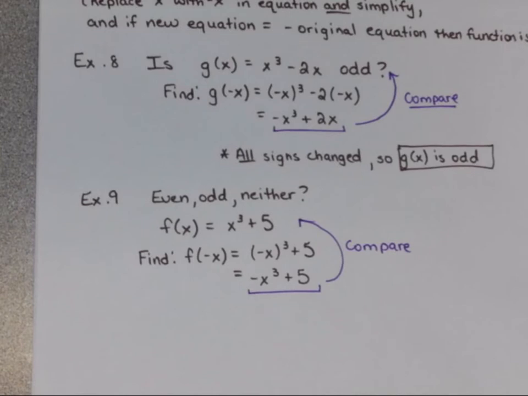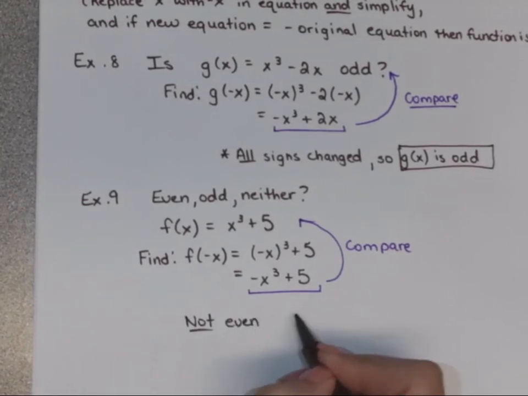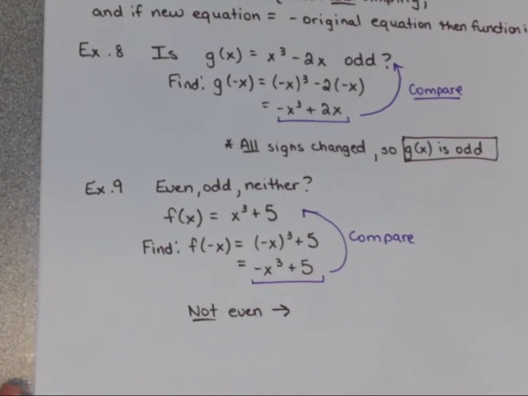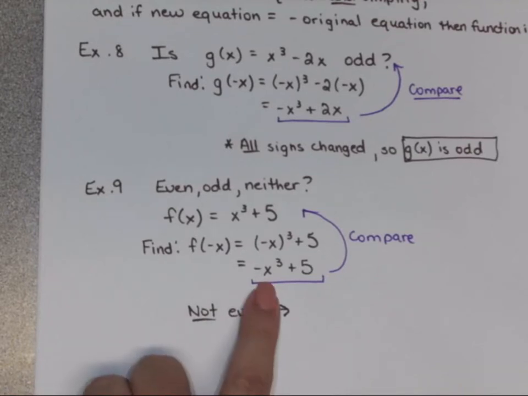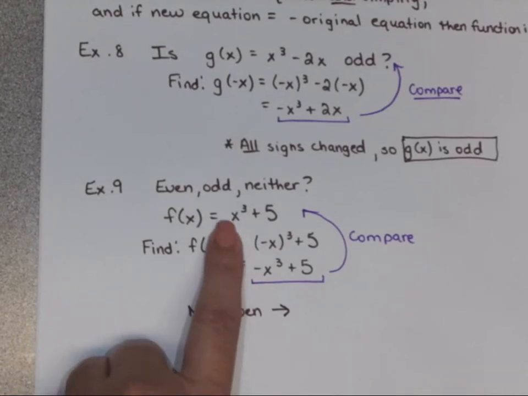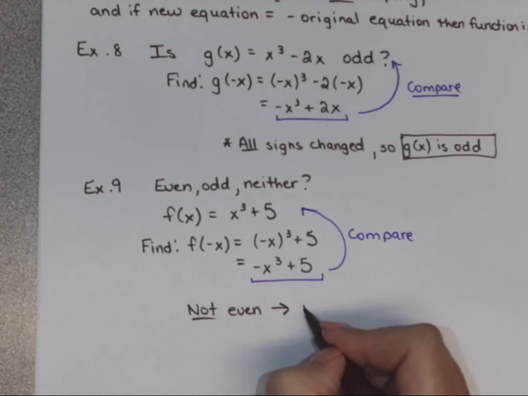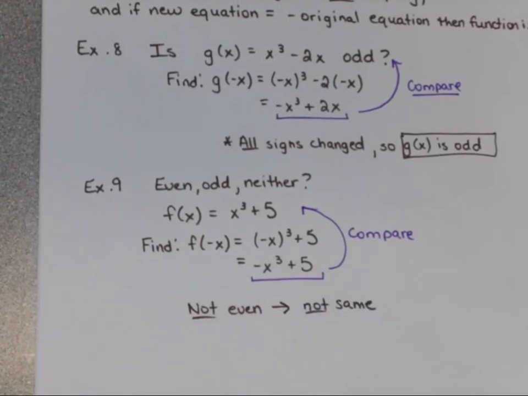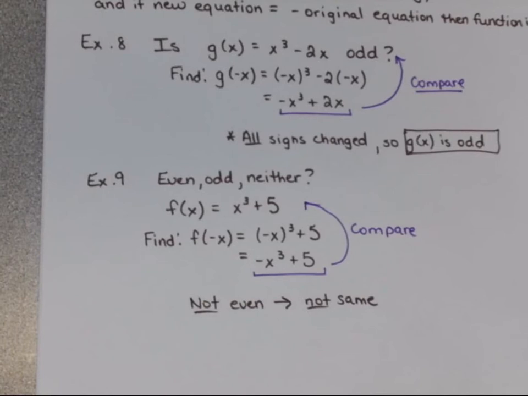Okay, it is not even. Why is it not even? The question for even should be if they are exactly the same. So is what we get exactly the same as what we started with? No, right? So I'm going to say it's not even because they're not the same. Okay, so let's move on to odd.